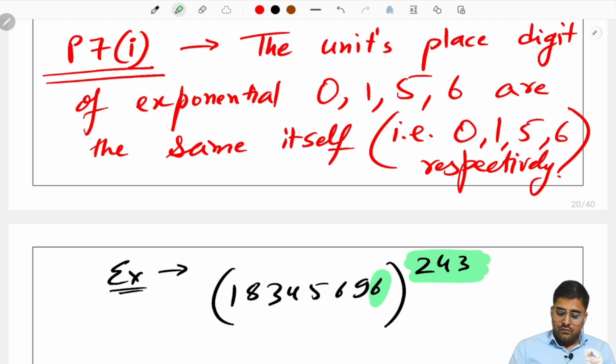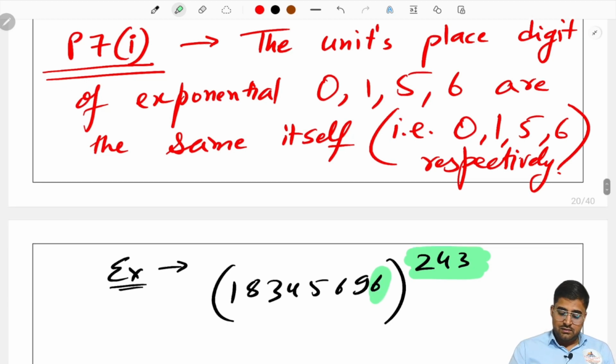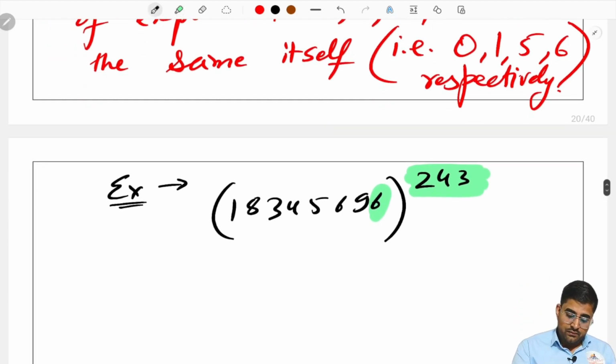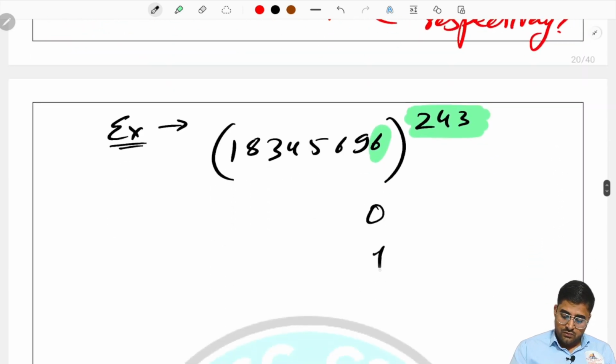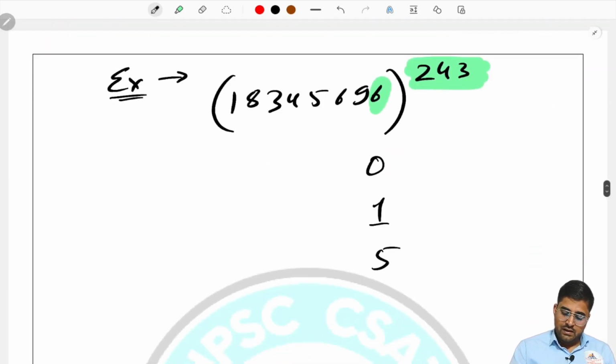If the unit digit is 0, 1, 5, or 6, it really doesn't matter whatever the number is, whatever the power is.